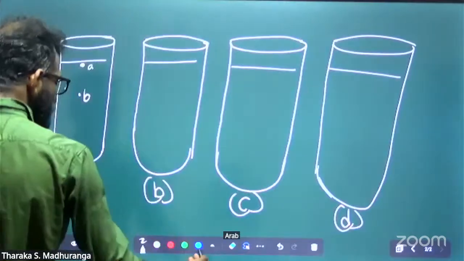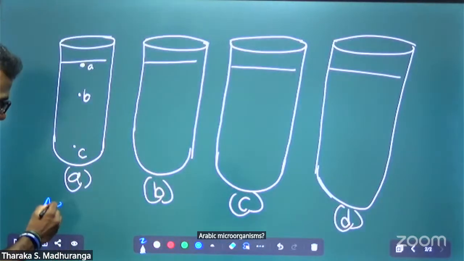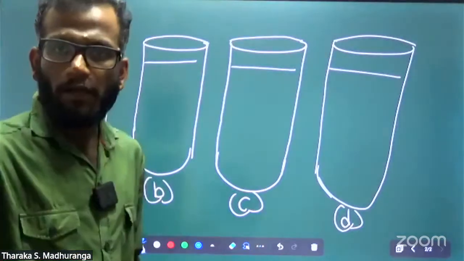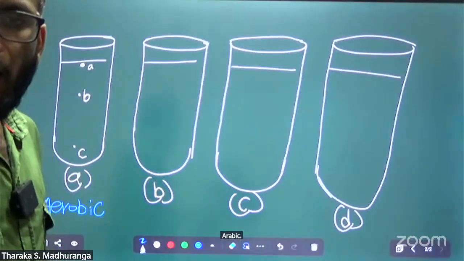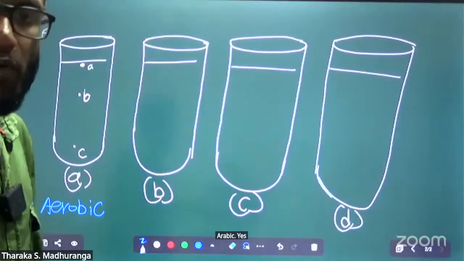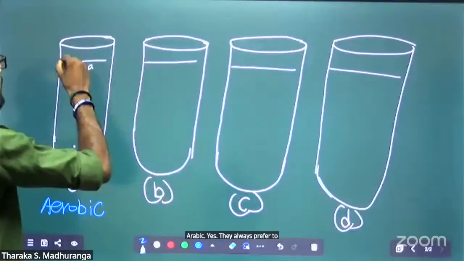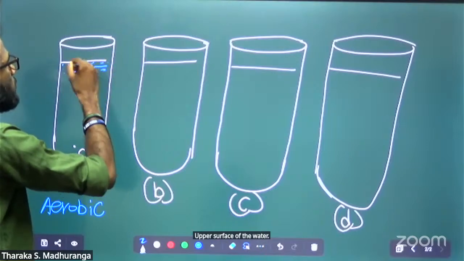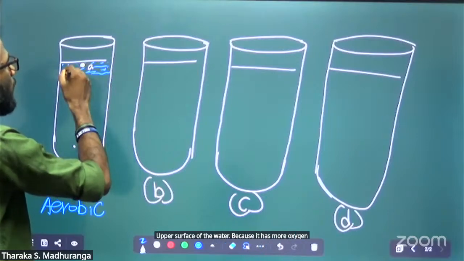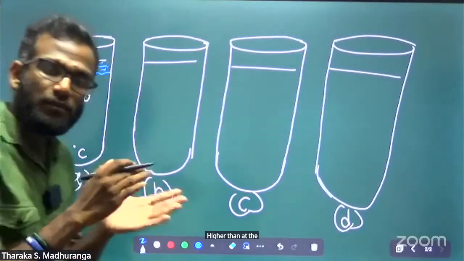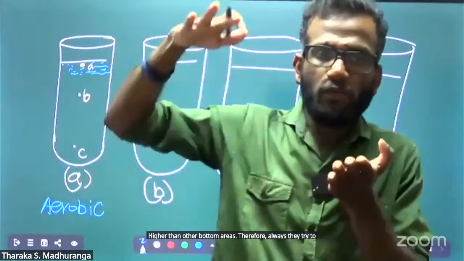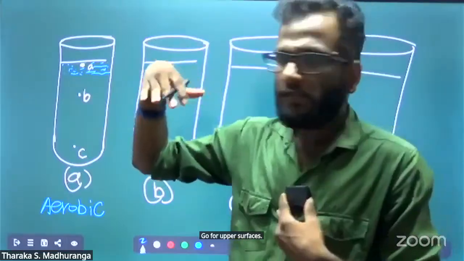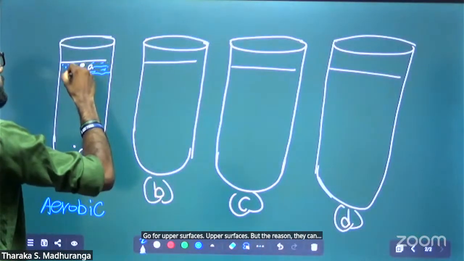Yes, they always prefer to live in the upper surface of the water because it has more oxygen. Oxygen is higher than in the bottom areas. Therefore they always prefer the upper surfaces, because they can easily take oxygen.